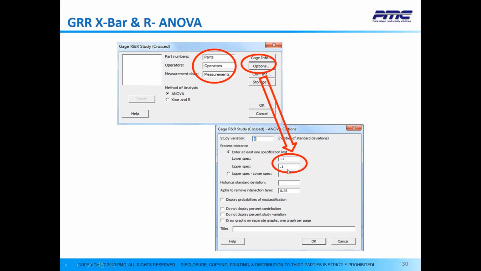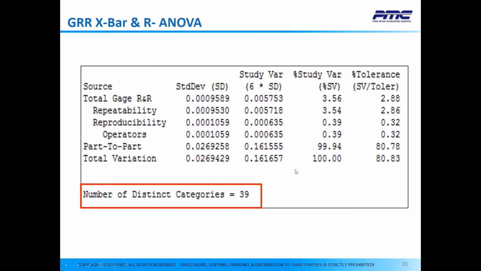For study variation, by standard, we're using 6. That's plus or minus 3 standard deviations, which gives you 6 standard deviations. And the alpha to remove the interaction term, as a standard, we use 2.5%. Once you do that, click, and that's the result you're going to get.